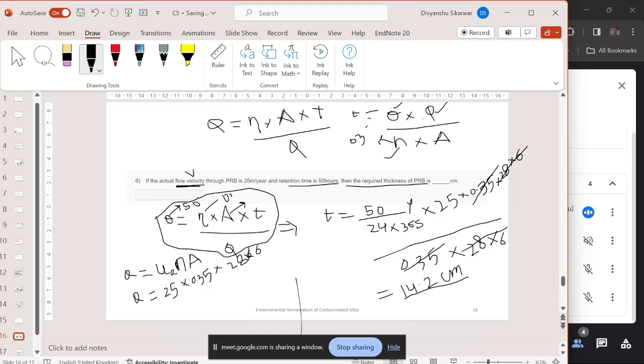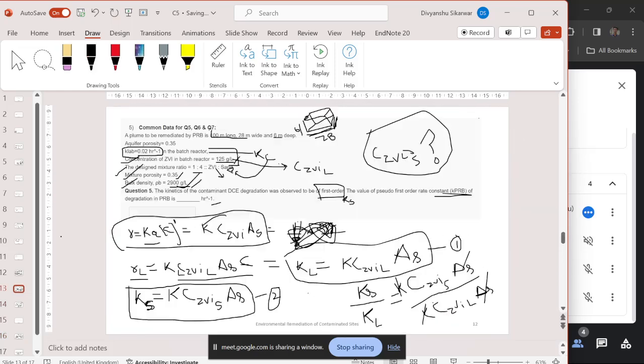For calculating the cross-section area, we are given three dimensions: 100 into 28 and 6, so 100 meters long, 28 meters wide, and 6 meters deep.